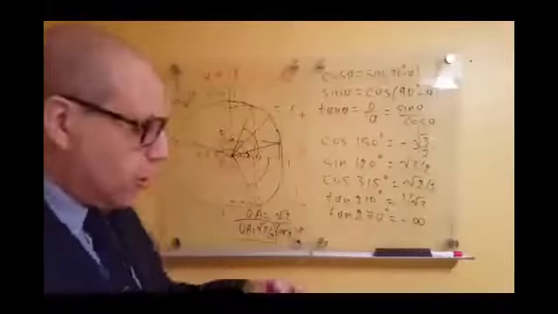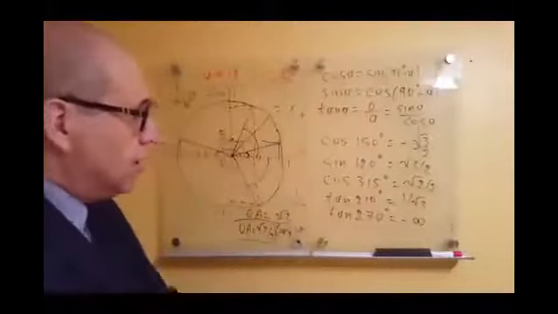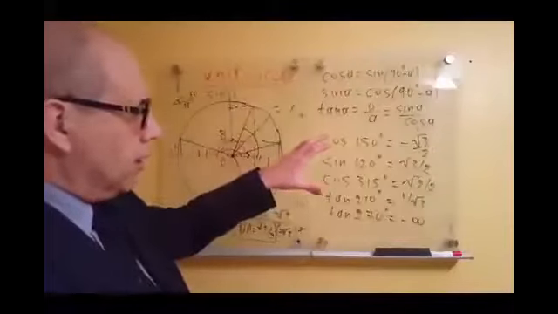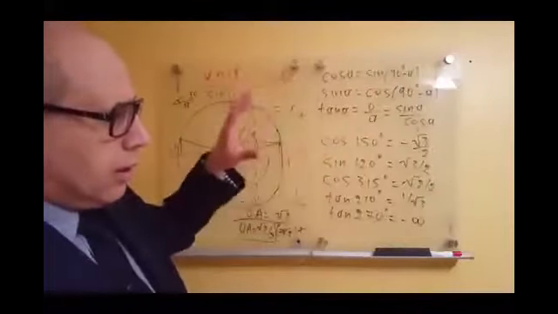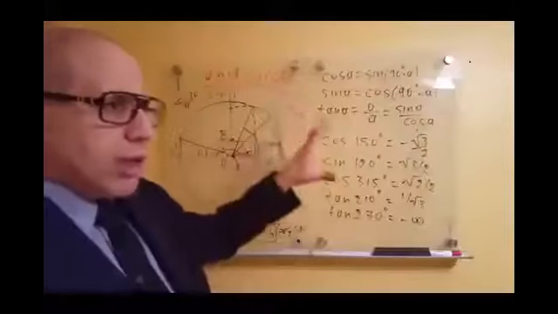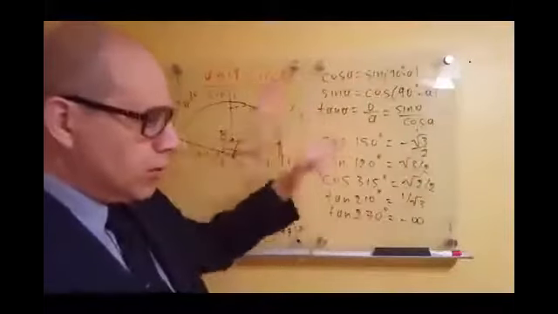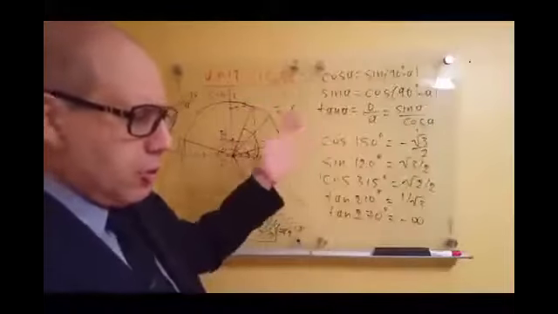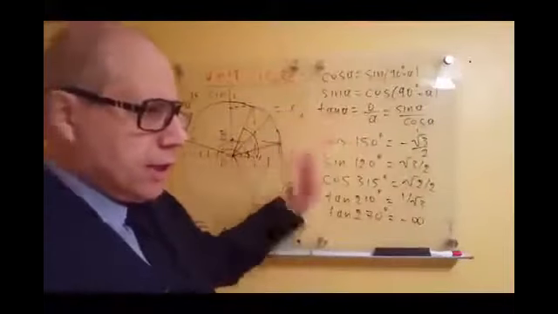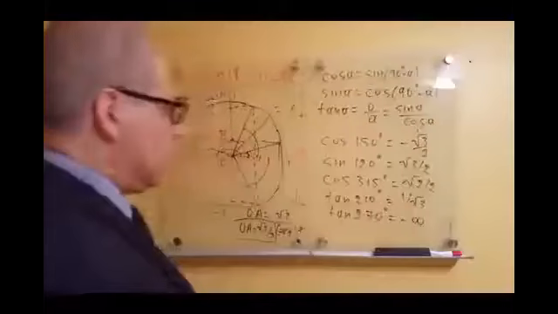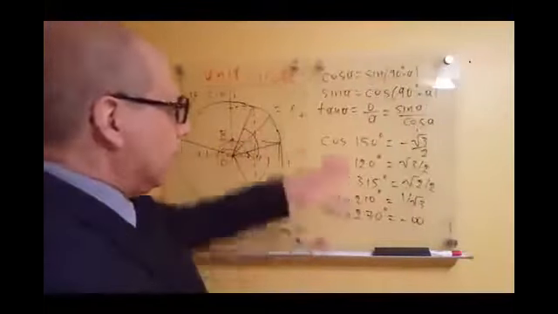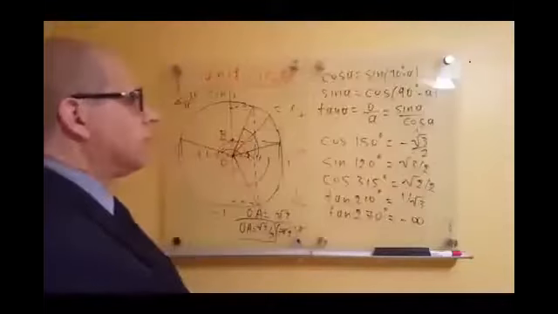I want you to find these using only the cos and sine of the angles that I just showed you: 0, 30, 45, 60, and 90.